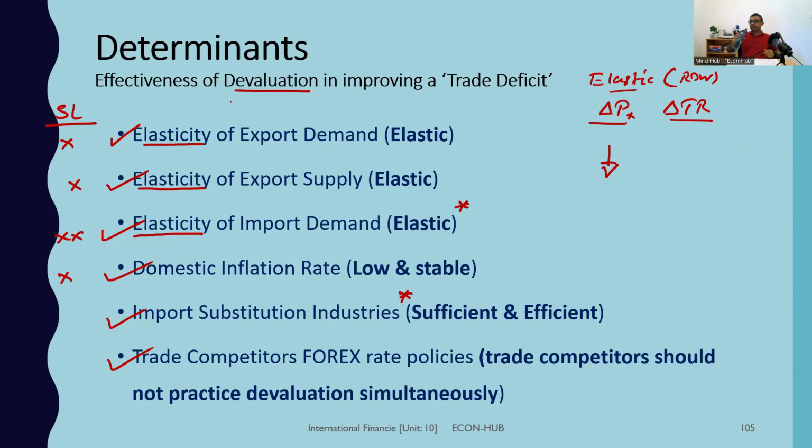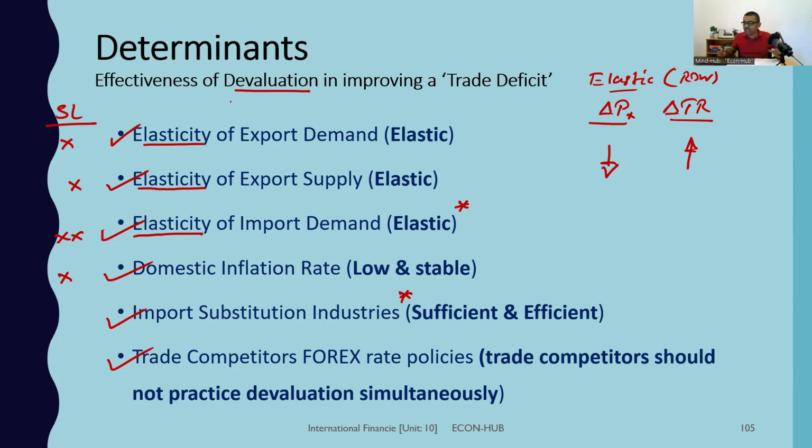Ilma, very good. Your answer is correct. You have answered the question and you have the answer with you also. Now I'm getting some responses, right? Because the relationship is negative, right? So when price decreases, TR will increase. When price decreases, if TR increases, what does that mean?